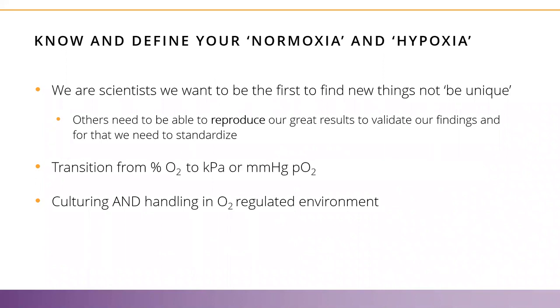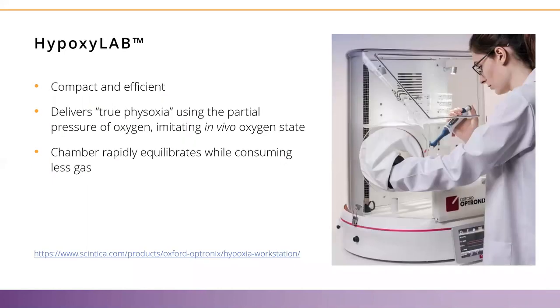But how do you have the ability to regulate your oxygen content? Because we do have the options already available for incubators where oxygen content is regulated. So culturing is possible, but you would also like to do your cellular handling in an oxygen regulated environment. For that, for instance, there is the option of using the Hypoxia lab, which is a benchtop option. As you can see on the right, it does not take up much space.